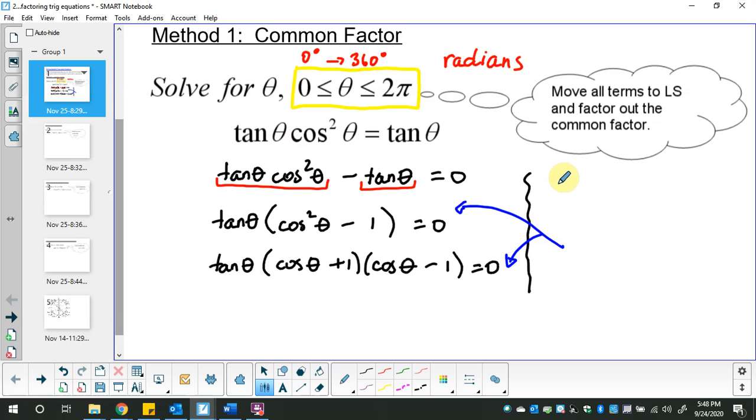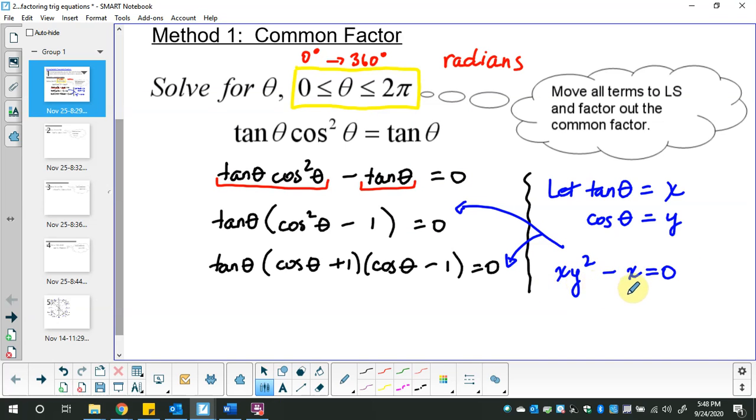So I am going to designate that tan theta, every time I see tan theta, I'm going to replace it with an X. And every time I see cos theta, I'm going to replace it with a Y. So that means in the second line I've got X for tan theta, cos squared, so that's Y squared, minus X for tan theta equals 0.